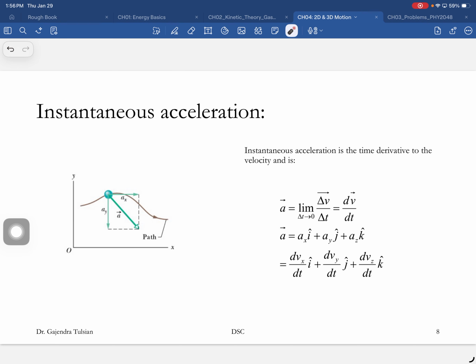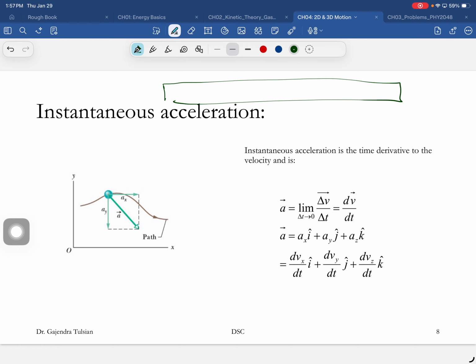By the way, let me write down. When do you have acceleration? When velocity changes. And acceleration tangent to the trajectory.